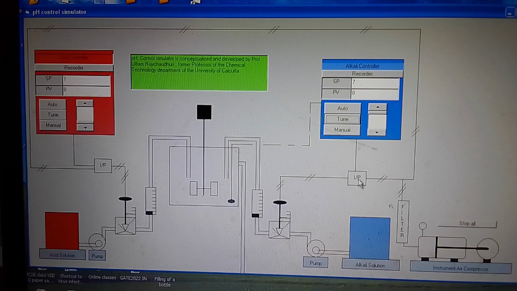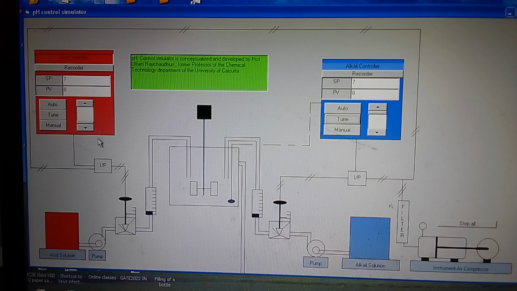The I2P converter converts the electrical signal into a pressure signal in the range of 3 to 15 psi to drive this pneumatic control valve. Both the valves are driven by this I2P.